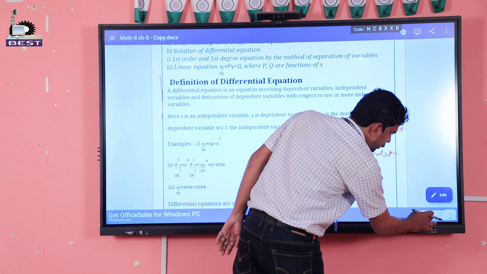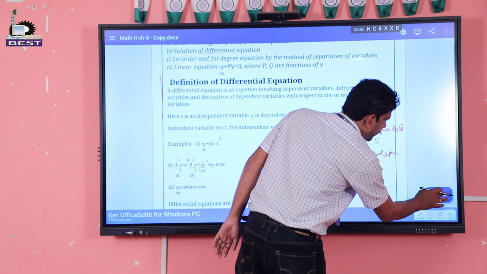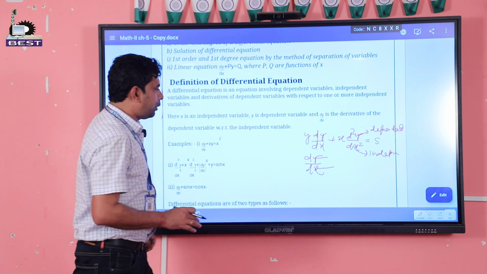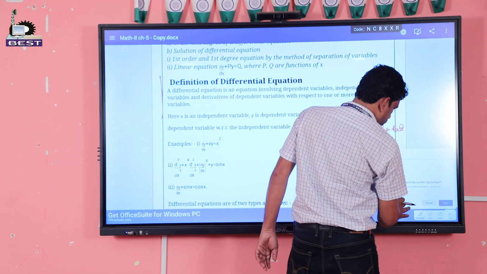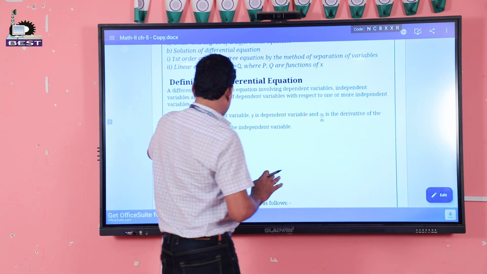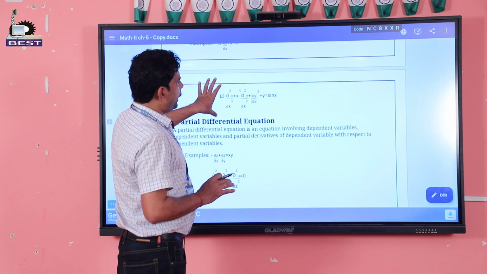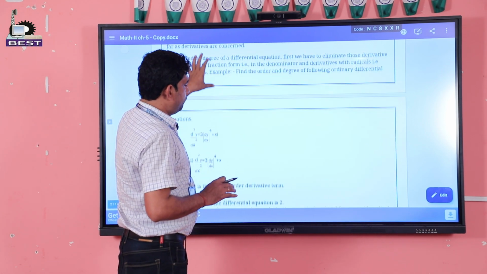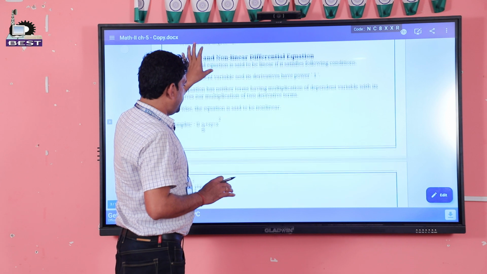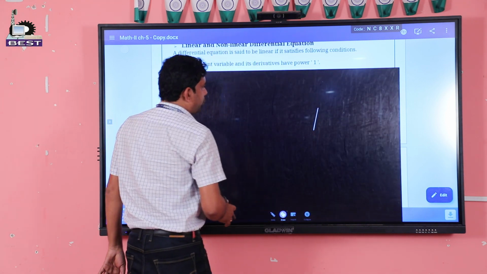Now I go for the solution, how to solve a linear differential equation. Basically, linear equations are of two types.